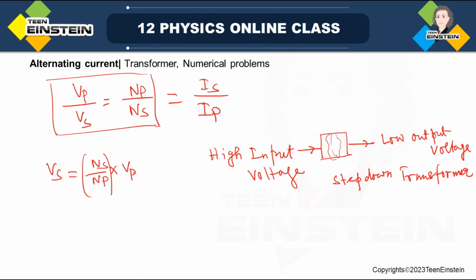This value is fixed. I need Vs less than Vp, so I have to make Np greater than Ns. So this is the condition: Np must be greater than Ns for a step down transformer.